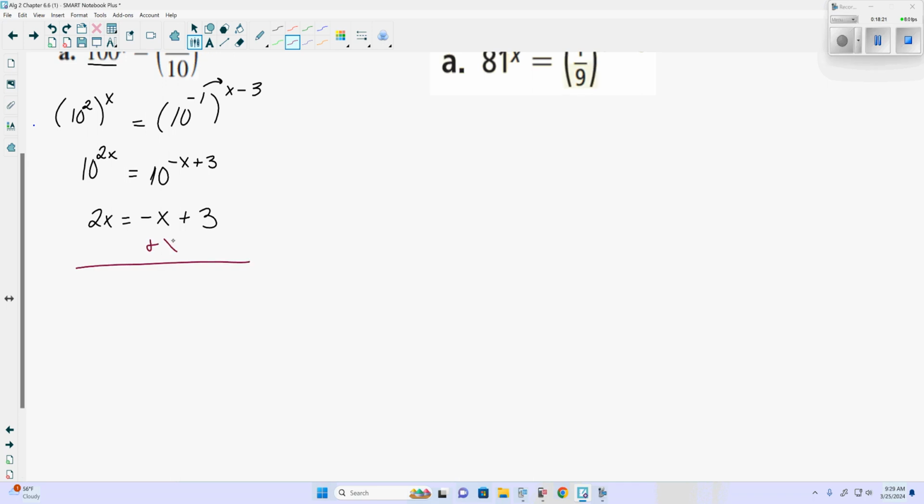So our first step would be to add x to both sides. So 3x equals 3. So x is equal to 1, because at this point, first time we actually had to do something after our first step. We divide by 3 to get x by itself, and so x is equal to 1.